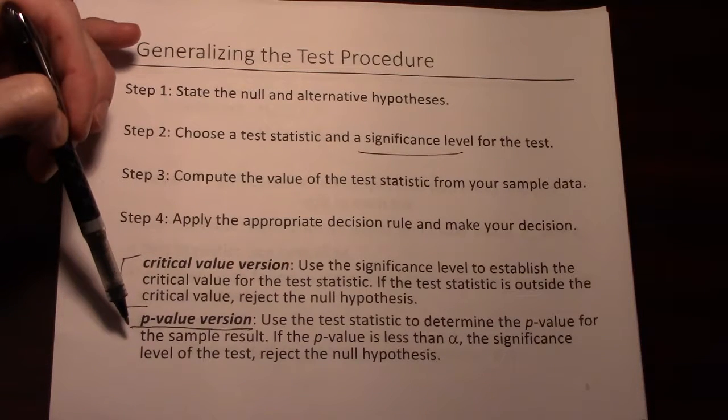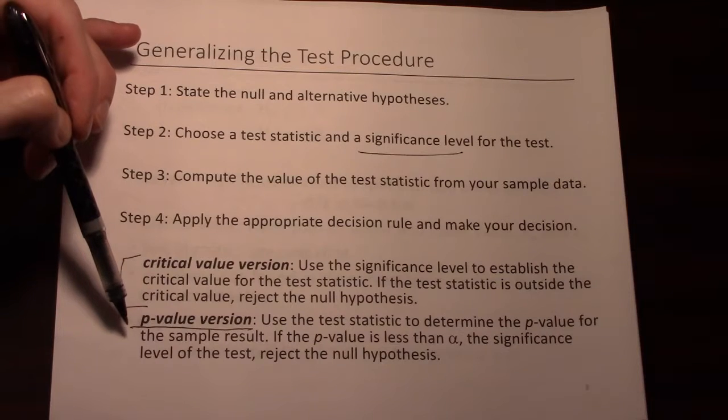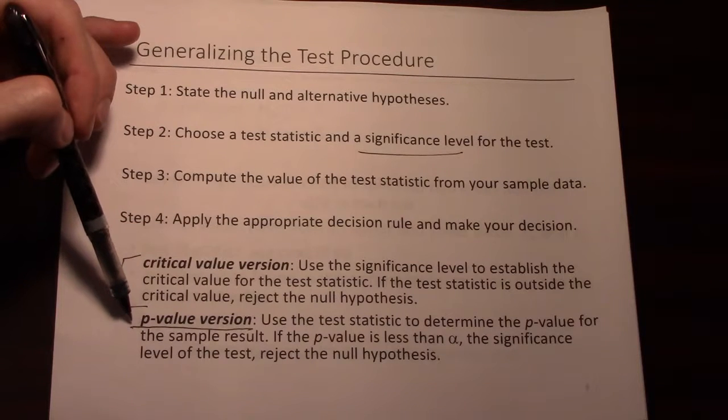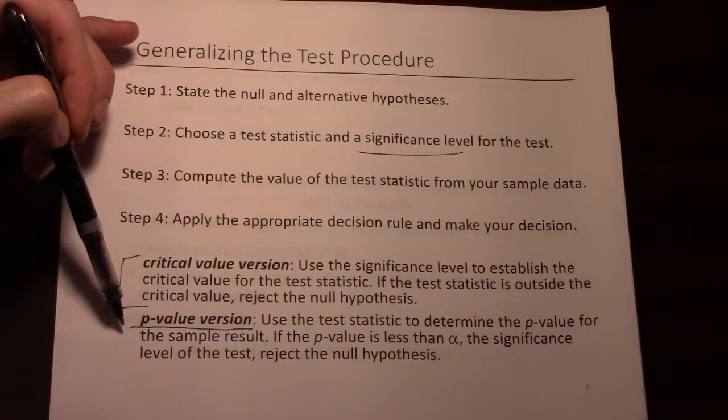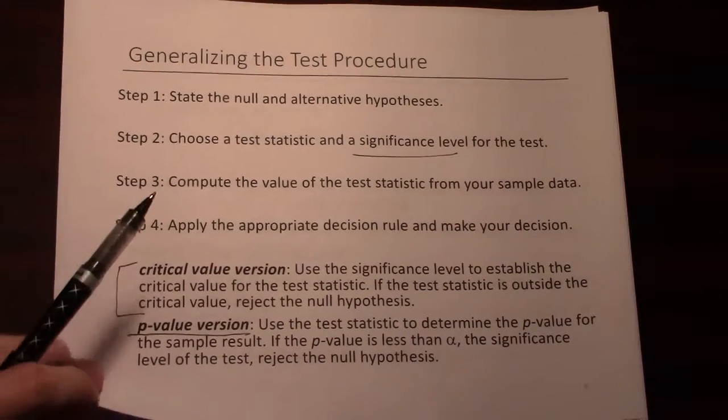So we're saying, let's find the probability of getting something at least that extreme on either high or low. And for a one-tailed test, you do not need to double the p-value. Or you do not need to double that area under the curve to get the actual p-value. Okay, so that's that.